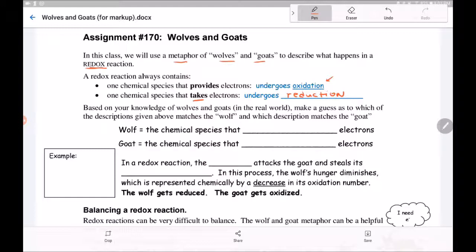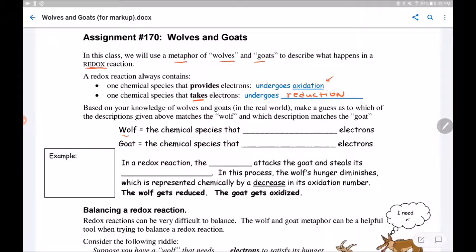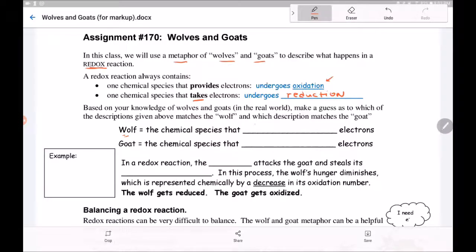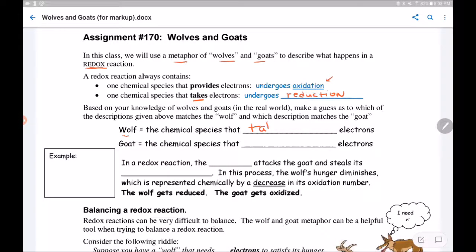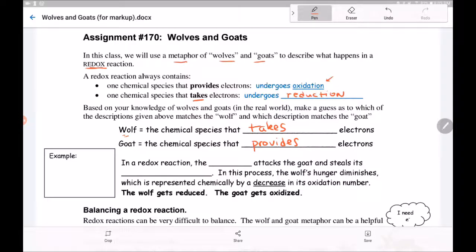Now, the wolf and goat metaphor. The wolf represents the chemical species that takes electrons. The goat is the species that provides electrons. So this is a way of thinking about it. The wolf is going to attack the goat and steal its electrons.